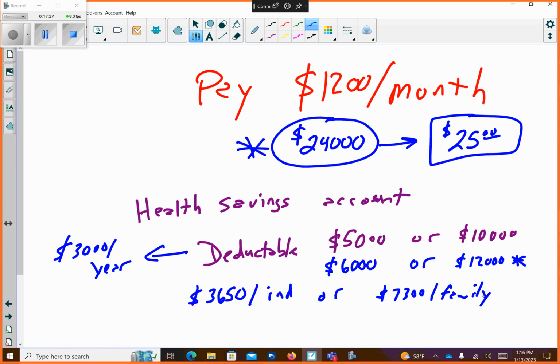Now, where things become very different with this is here's things that you have to be aware of. Let's talk about federal taxes. Let's say you are going to make $100,000 per year. Just ballpark.